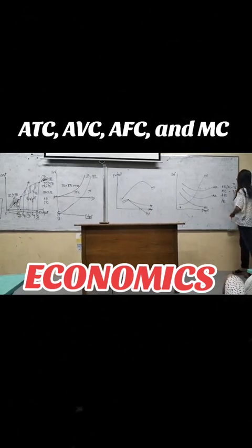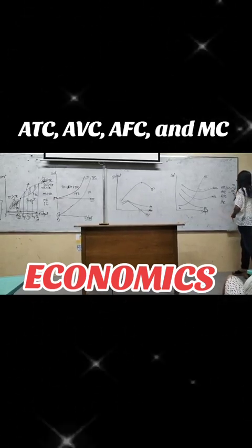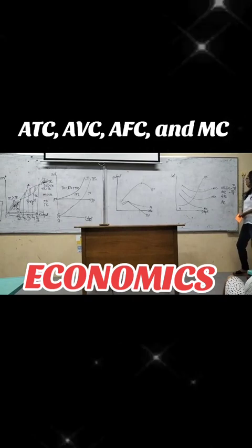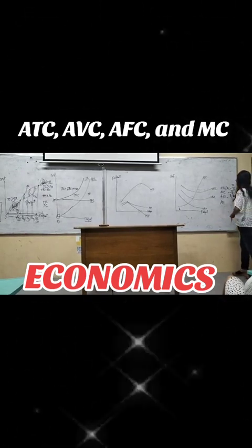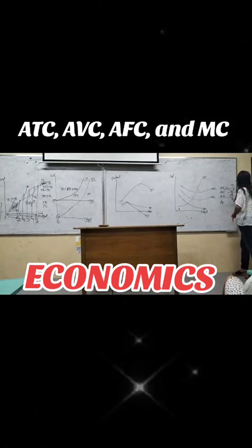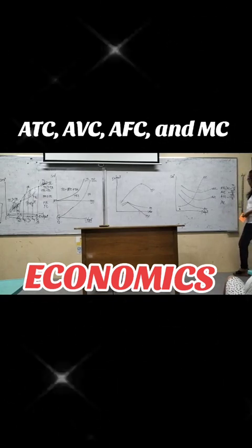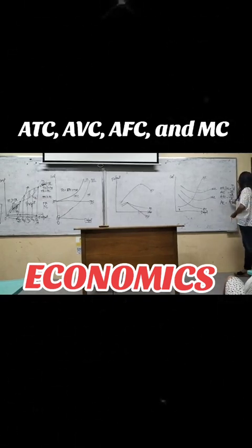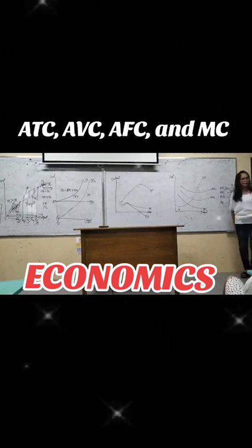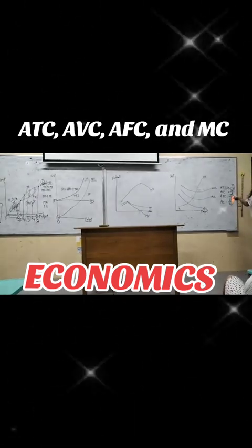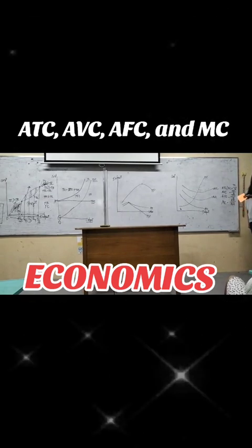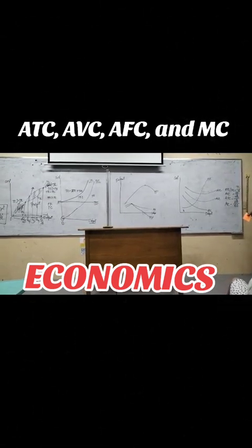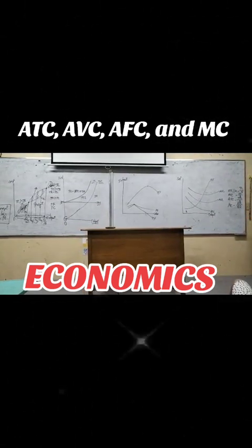Average variable cost is your total variable cost over quantity. Average fixed cost is your total fixed cost over quantity. And marginal cost is the change in the total cost over the change in quantity. So we just have to get the average total cost, average variable cost, average fixed cost, and marginal cost.